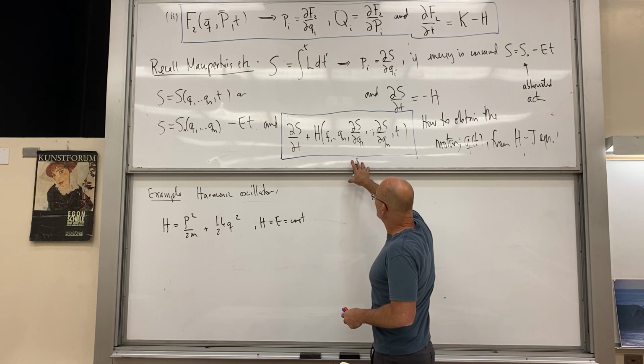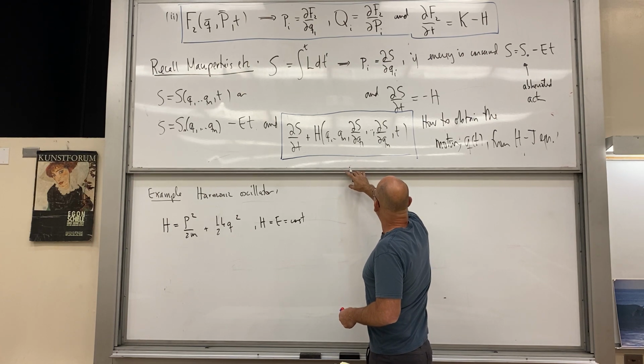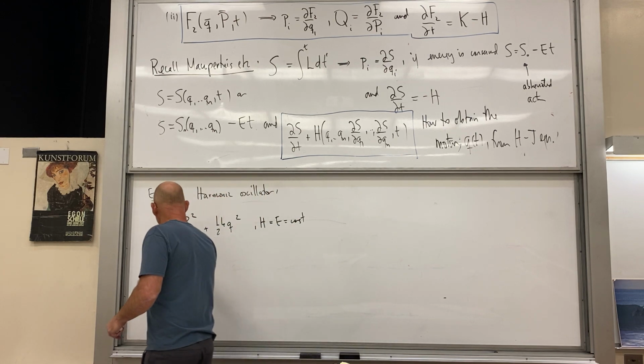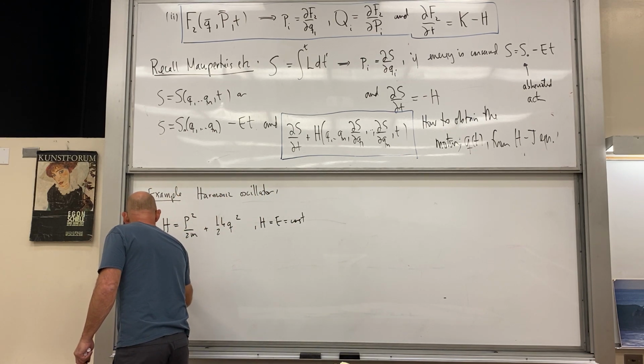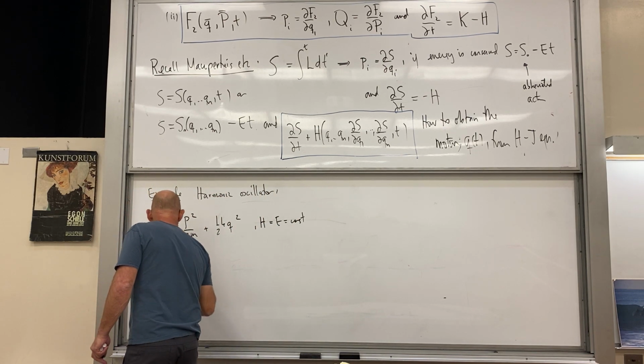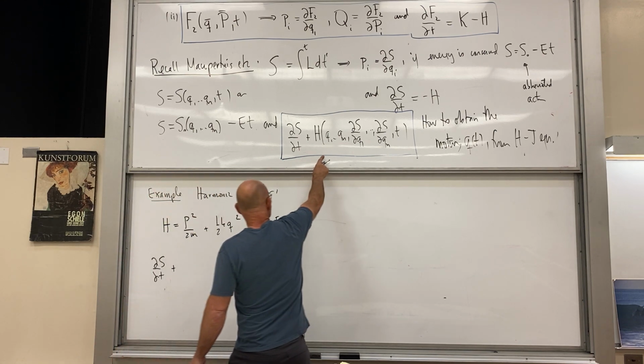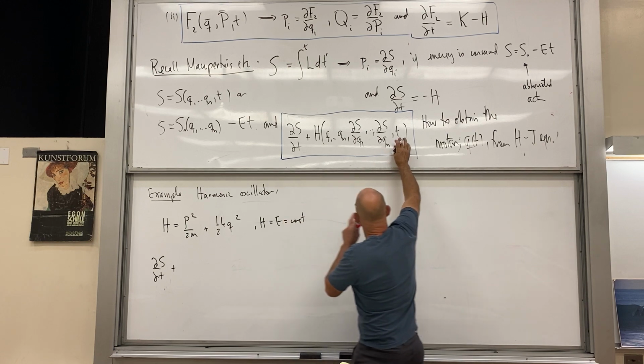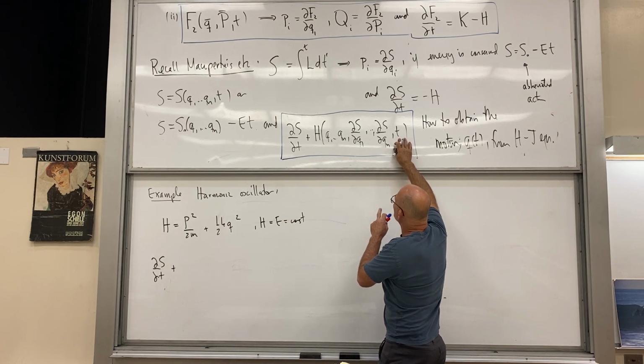So the Hamilton-Jacobi equation is going to be ∂S/∂t plus H of q. We won't have an explicit time dependence in here, right?